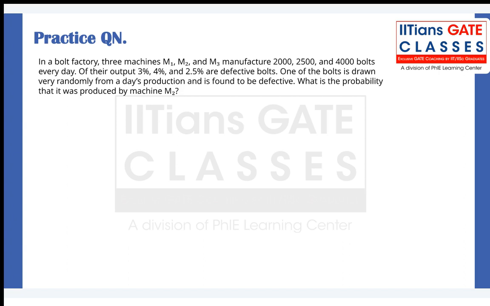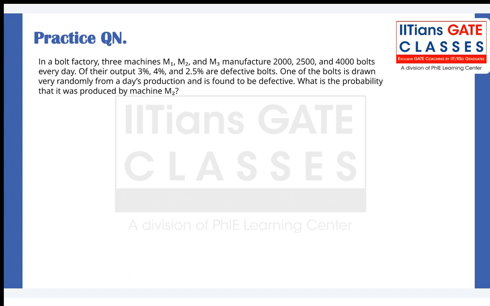They manufacture 2000, 2500, and 4000 bolts every day. Of their output, 3%, 4%, and 2.5% of the bolts are defective. One of the bolts is drawn at random from a day's production and is found to be defective. What is the probability that it was produced by machine 2?